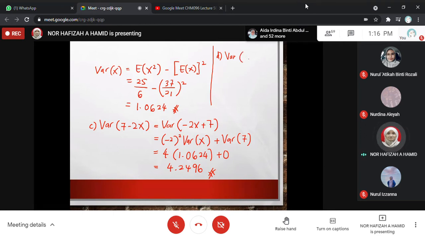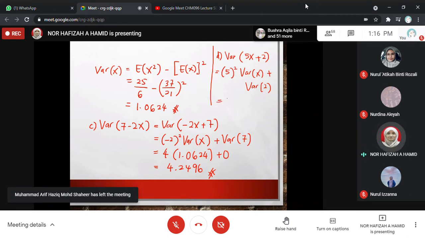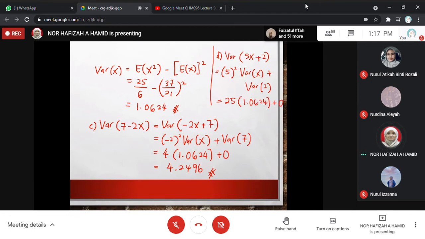As usual, I put the 5 in front, so 5x plus 2. So it equals 5 squared times the variance of x plus the variance of 2. 5 squared is 25, multiplied by the variance of x, 1.0624, plus 0. You get the answer 26.56. So this is the answer for D.